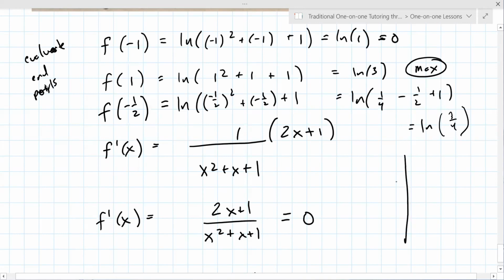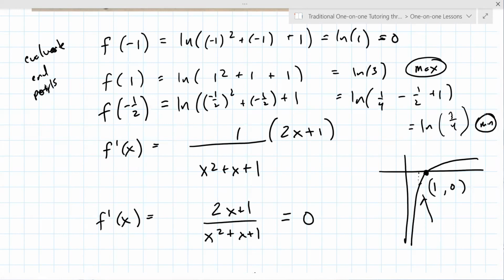If you look at a graph of natural log of x, at 1 it's 0, the point (1, 0). So the natural log of 3/4 is right there somewhere, so it's going to be smaller than 0. This is your min. Usually it's a little bit more straightforward, like 216 versus -45.